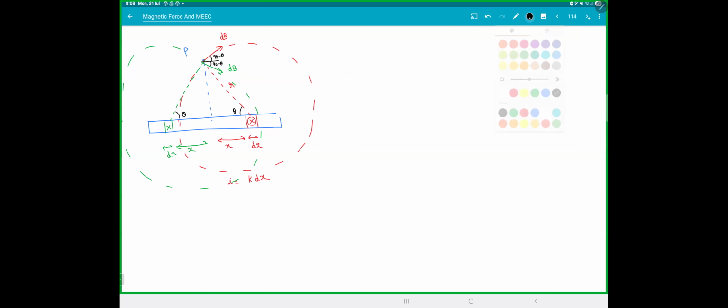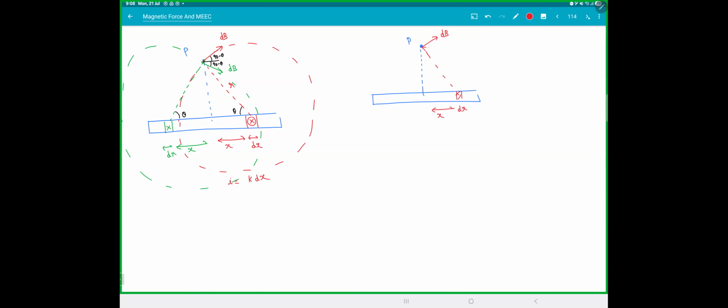So only the horizontal components will add up, the vertical components cancel out. This distance is r.